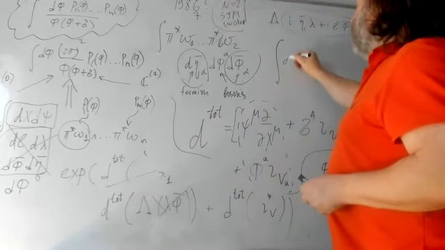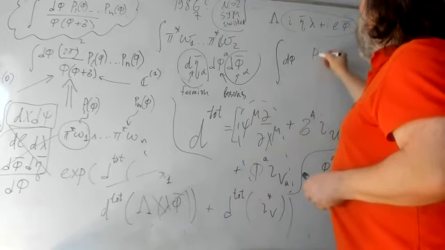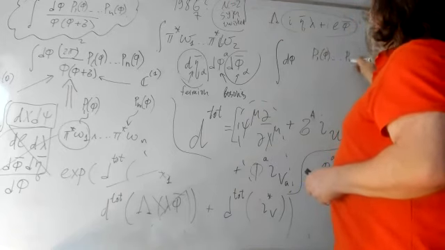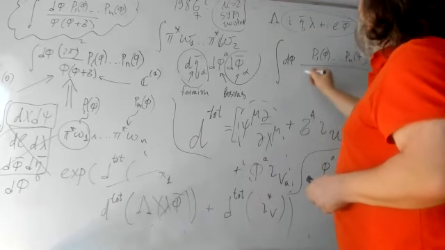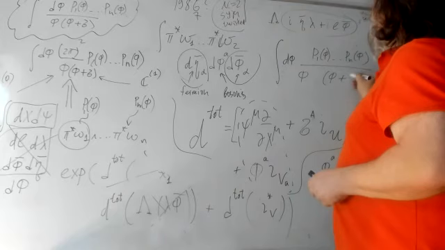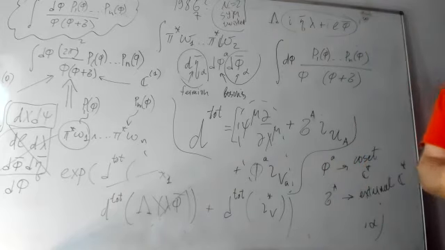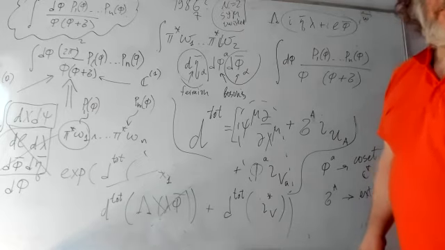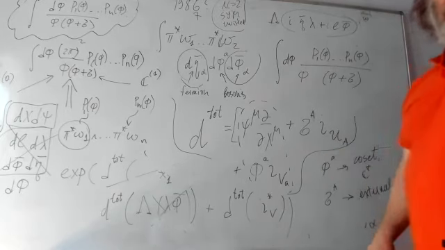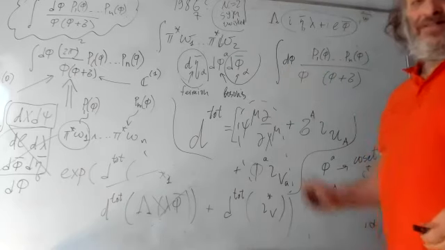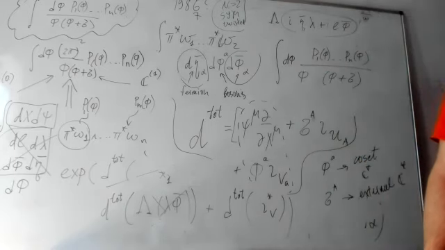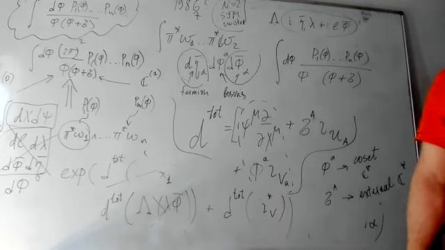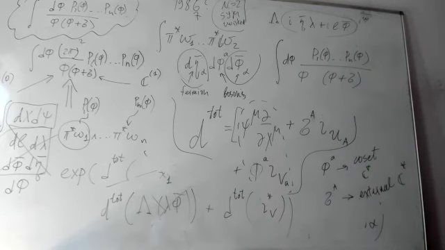So the total result is the following. Integral over d phi, p1 of phi, pn of phi, phi plus sigma. Remember that this phi appeared, as you know, as the Faddeev-Popov ghost for the odd symmetry.